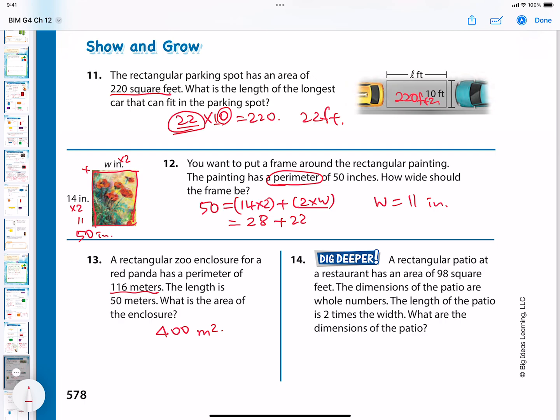Please figure it out, and if you don't get it, put a star mark on it like me, and come to me when I'm going over, and ask me, okay? The answer is 14 feet for the length, and the width should be 7 feet. How? Please figure it out, and if you can't, ask us, okay?